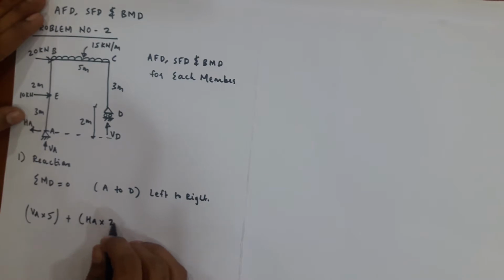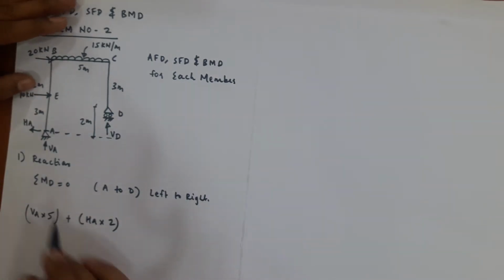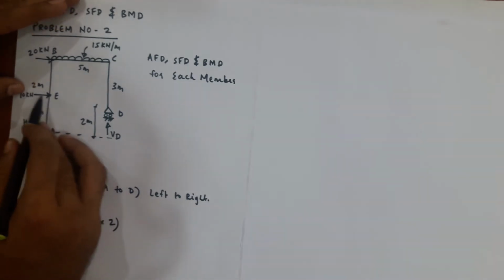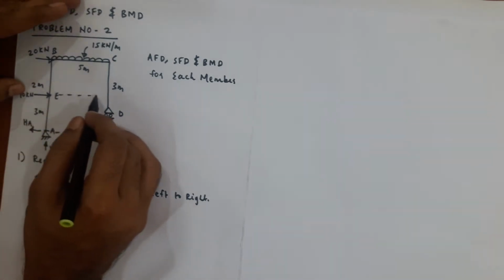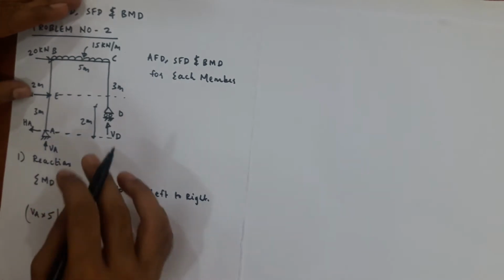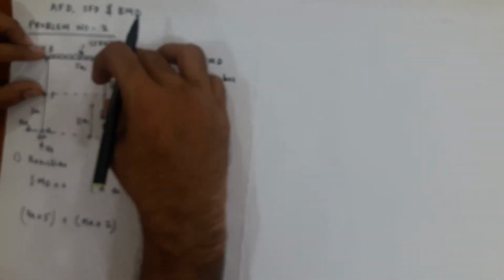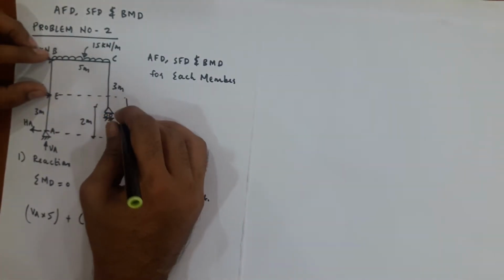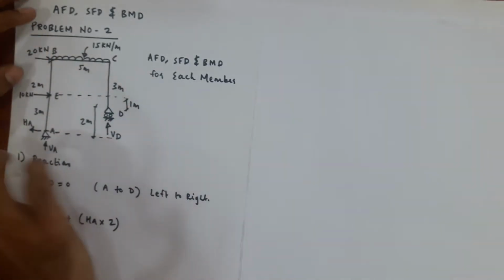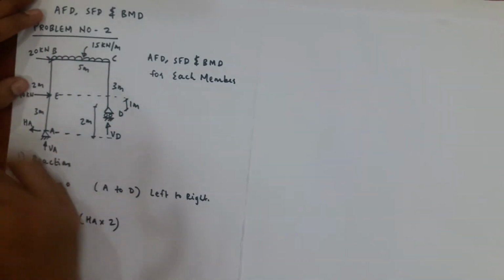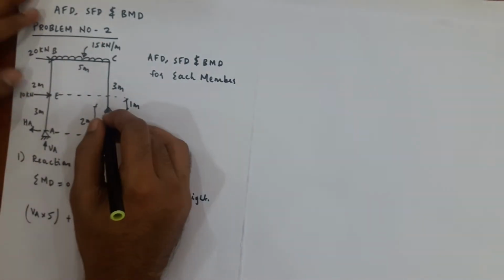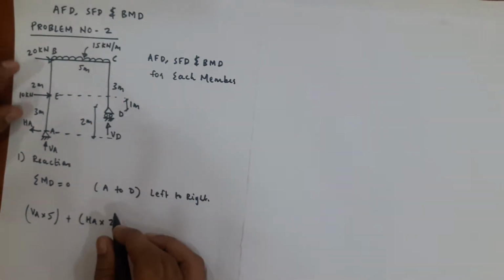So HA into 2 meter. Now we have this point load here. The line of action of the point load is like this. This is 2 meter, this is 3 meter, so this has to be 1 meter. Again this is creating clockwise moment. It will rotate this joint in a clockwise fashion.